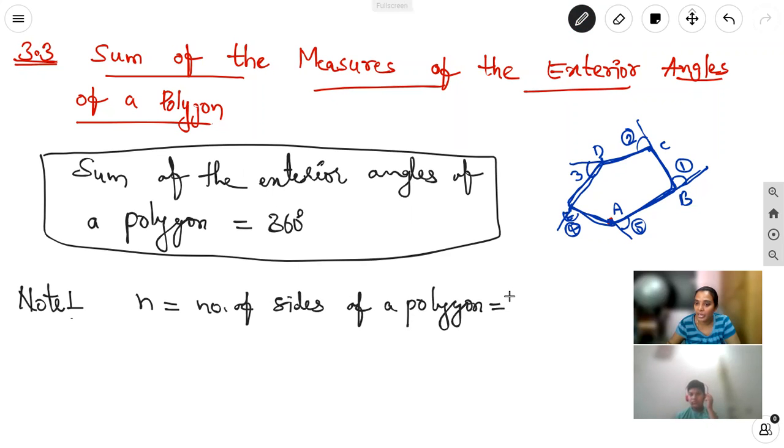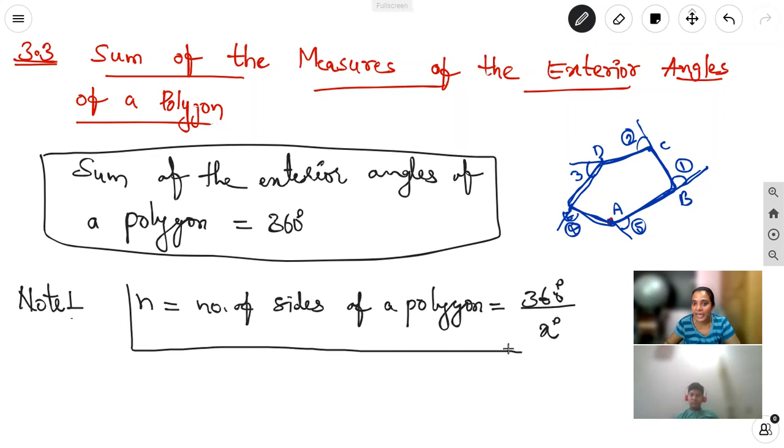In a regular polygon, the sides and angles should be equal. So in that case, we divide 360 degrees by x degrees, and we get the number of sides of a regular polygon.